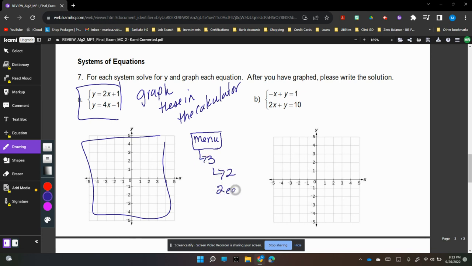You're going to select 2 equations, and then you're going to get the 2 solutions. So let me write down the equations and then show you. y equals 2x plus 1, y equals 4x minus 1. Let me go ahead and show you how we would do this in the TI Inspire so you can remember how to get the solutions for this.